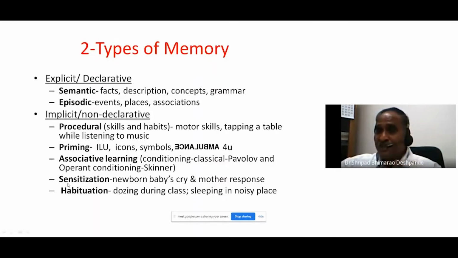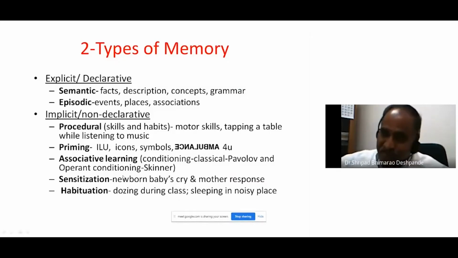So the dozing during the class, that is monotonous work, or sleeping in a noisy place. I mentioned a train journey where a train will produce an enormous amount of noise, and still we are able to sleep. So these are the types of memory.